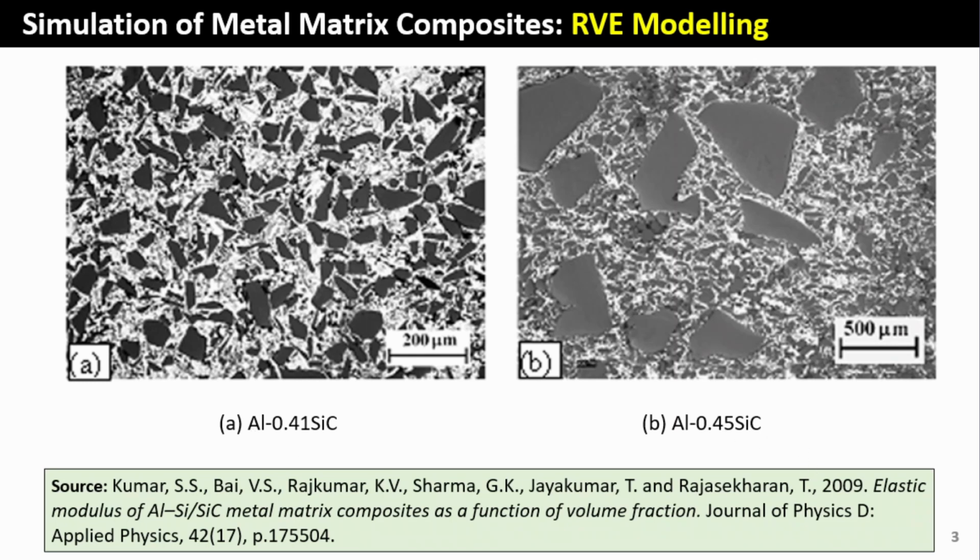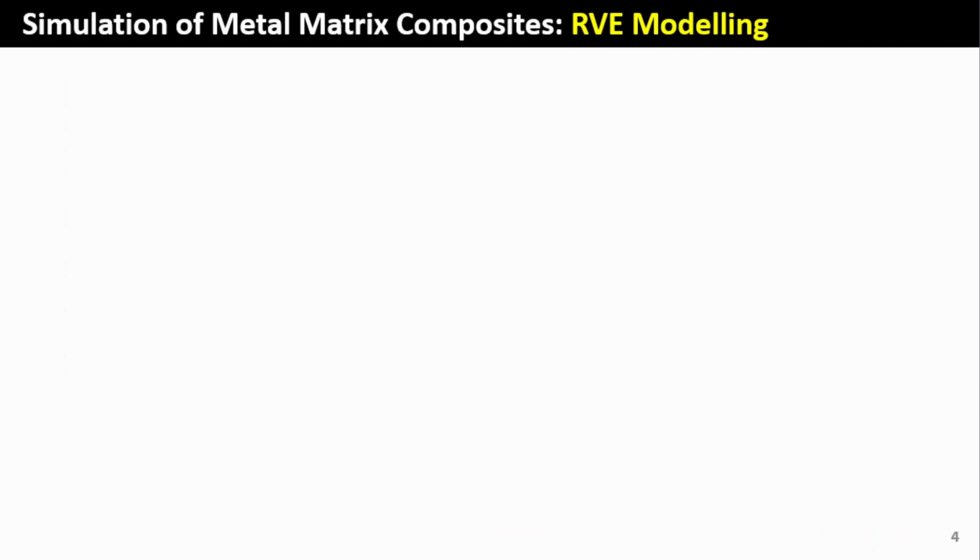Different composition, but what you notice here is that the particles here are really the inclusion, and the kind of white blobs across the structure is the aluminium composite. So this is a typical micrograph of an aluminium silicon carbide composite.